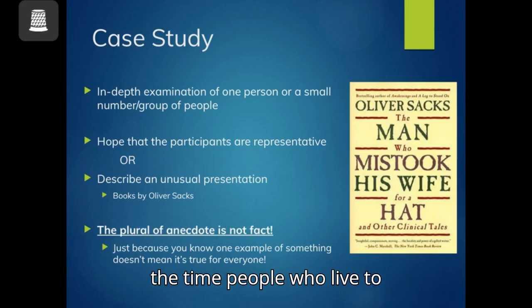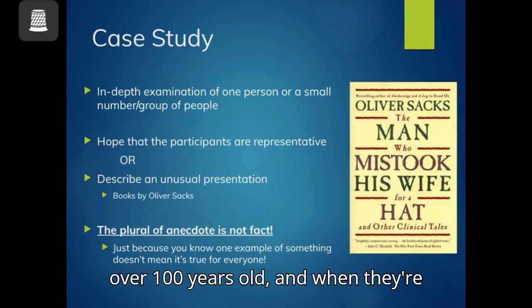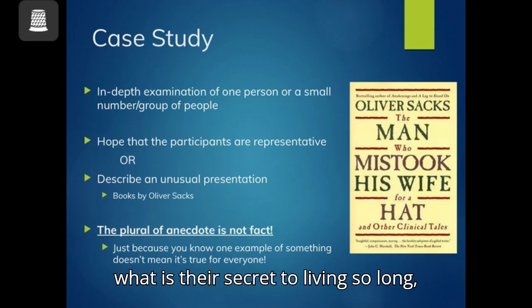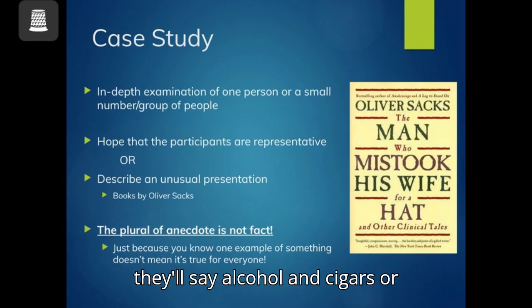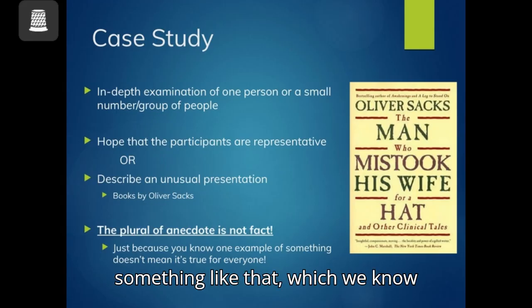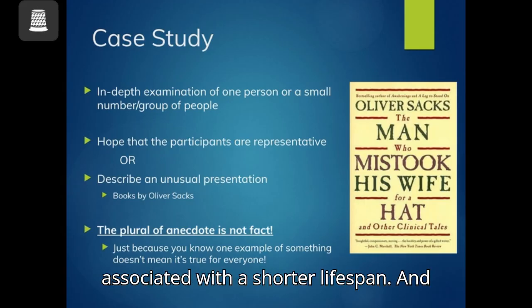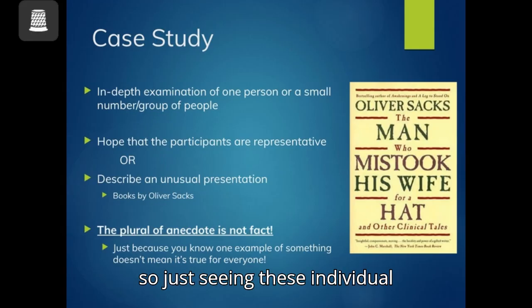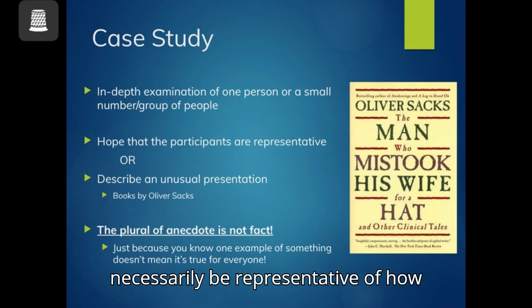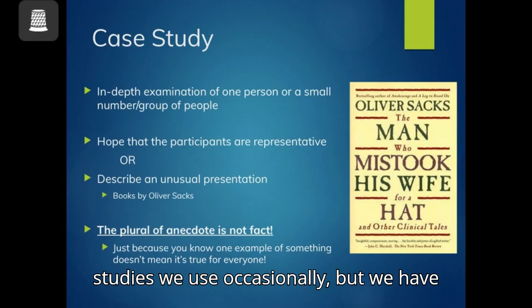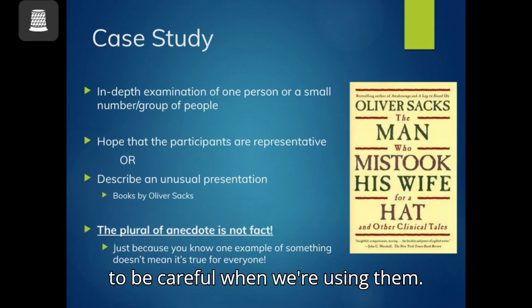We see all the time people who live to over 100 years old, and when they're asked to explain or what is their secret to living so long, they'll say alcohol and cigars or something like that, which we know statistically are actually associated with a shorter lifespan. And so just seeing these individual cases is not actually going to necessarily be representative of how things are for all people. So case studies we use occasionally, but we have to be careful when we're using them.